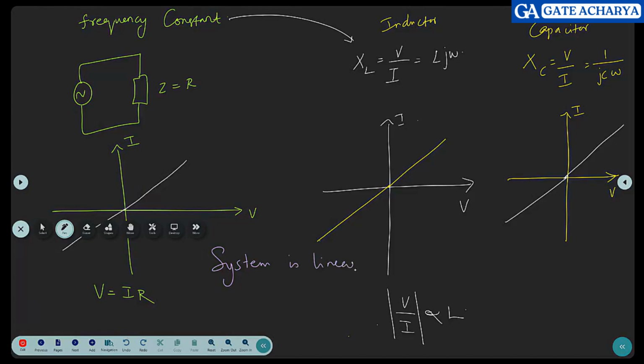All these three, R, L and C, are linear components. How do I say that? I look at the relation between V and I. The graphs are all straight lines. If it is not a straight line, it's a non-linear system. We are only talking about linear systems, at the undergraduate level, only linear systems.